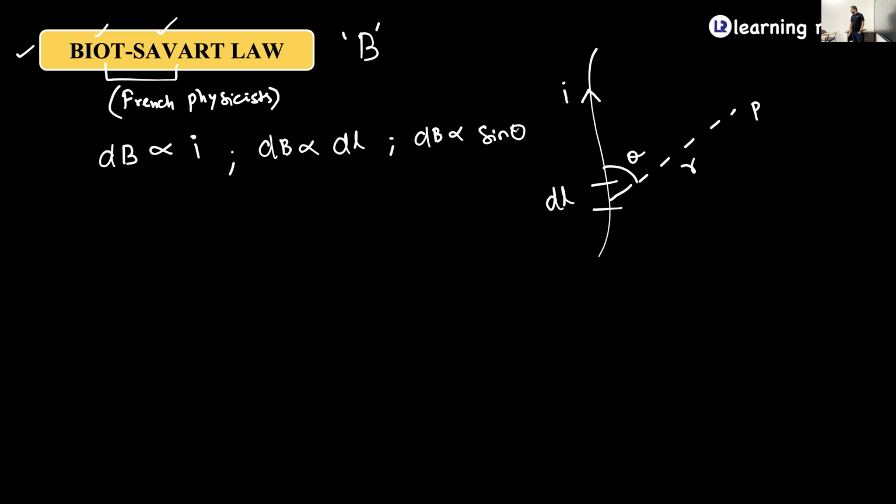I repeat it, it is not directly proportional to the angle, rather it is proportional to the sine of the angle. And it is observed to be inversely proportional to the square of the distance from the current carrying element to the point where you're trying to calculate the field. So these are the 4 parameters on which the magnetic field due to that small element is dependent on. Is that clear?